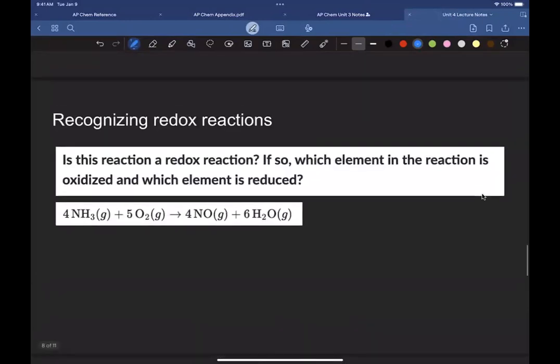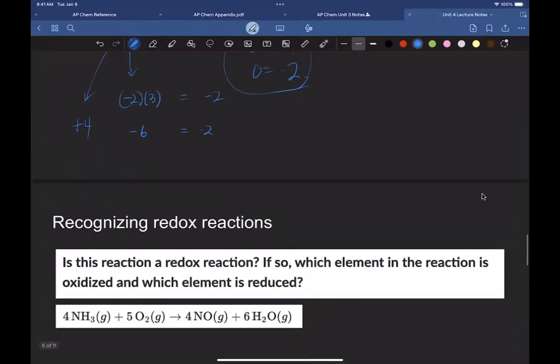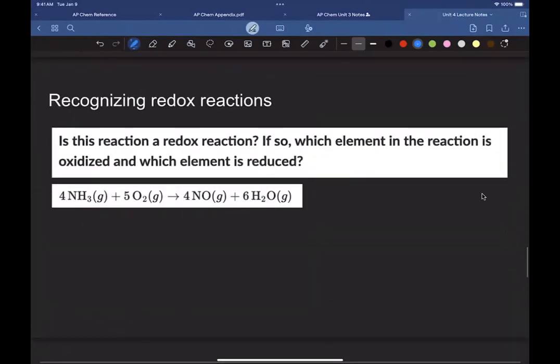All right, now let's actually look at an example of a redox reaction and use what we learned about oxidation number. Is this reaction a redox reaction? If so, which element in the reaction is oxidized and which element is reduced?